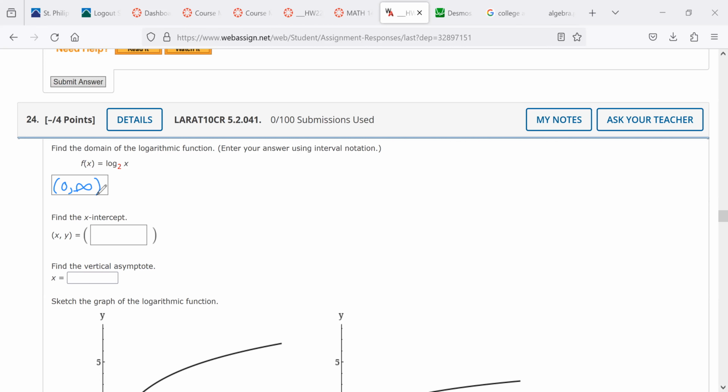The x-intercept, we said, for any base, as long as it's not shifted, is going to be (1, 0). Vertical asymptote, we said x equals 0 because you can't plug in 0, it just approaches it.